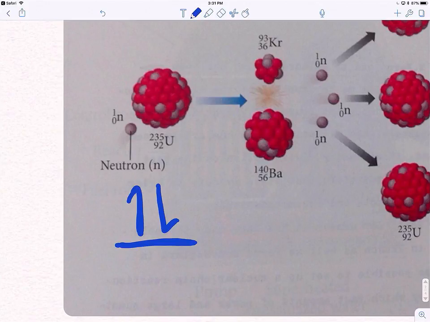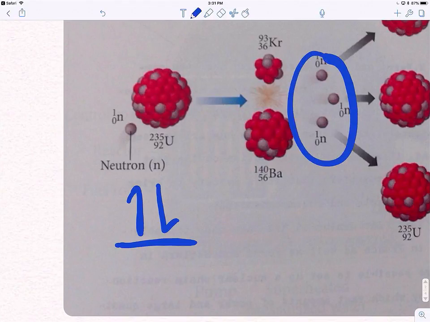But for uranium-235, it'll split and form various products. It'll undergo nuclear fission, and in doing so will release lots of energy. It also releases neutrons.